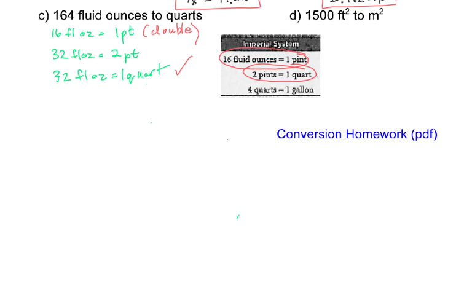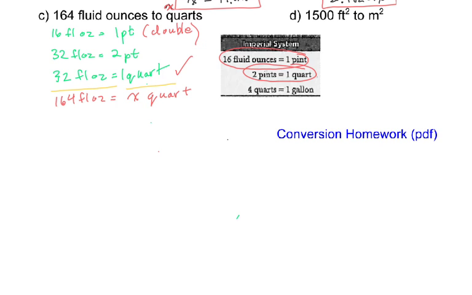Like before, we're always going to label what we're looking for as X. We'll now set up our equation. And just like before, we're going to set up our ratios.